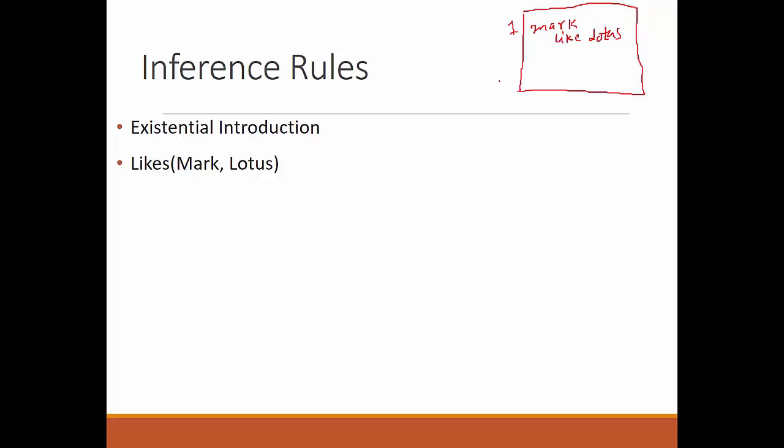Now we are eligible to replace this with the existential quantifier, because the existential quantifier means there exists at least one x such that x likes lotus. Now we have a single statement that is basically a testimony, and the testimony goes like this: Mark is a person who likes lotus.